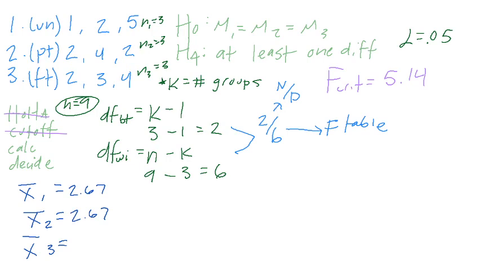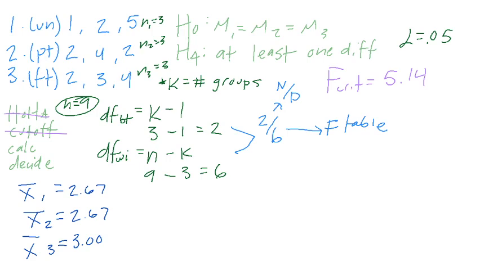And then our third group, if we sum these together, we get 3 plus 4 is 7, plus 2 is 9, divided by 3, we get 3. Okay, so sometimes I'll give this to you in the problem, but I trust that we can all calculate a mean now. So if they're not given, that's what you do, a simple mean within each of the groups.